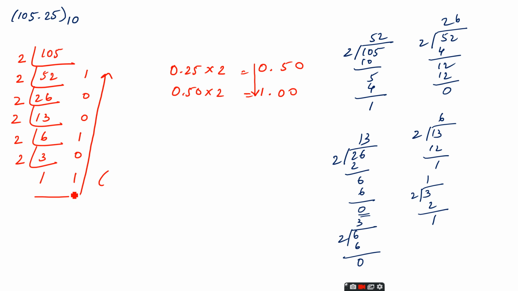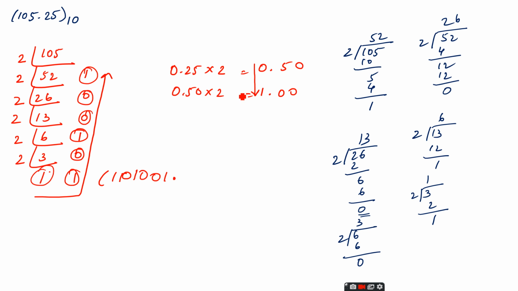Now we can write. So what is the binary value of 105? We will write first 1 here, next 1 here, then 0, then 1, then 0, again 0, then last 1. After that we have to put a point.